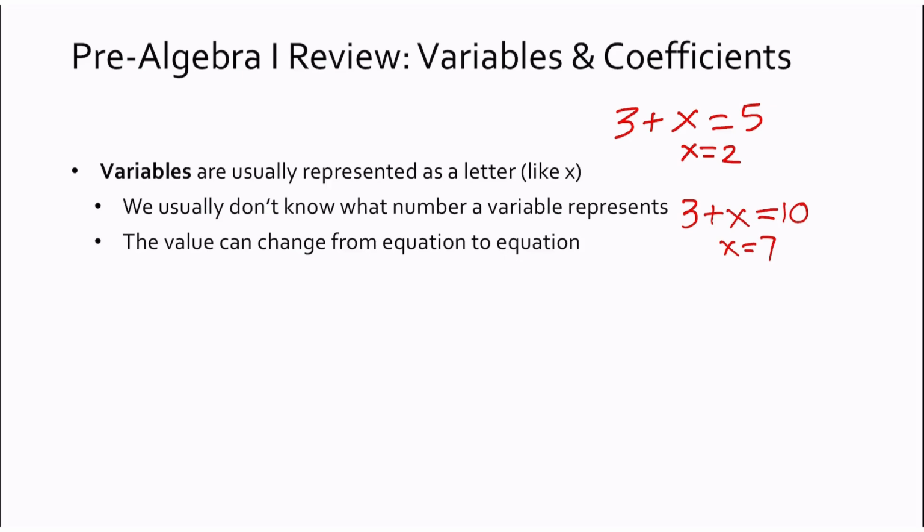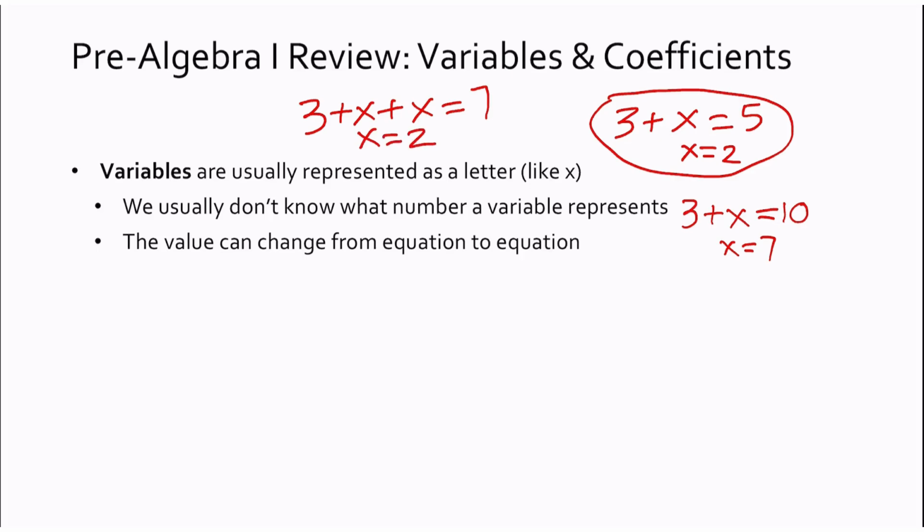However, if I have the same variable in the same equation, for example, if I had this guy here, instead of 3 plus x equals 5, if I had 3 plus x equals 7, x would equal 2 in both cases.